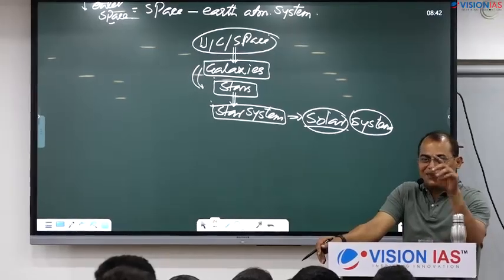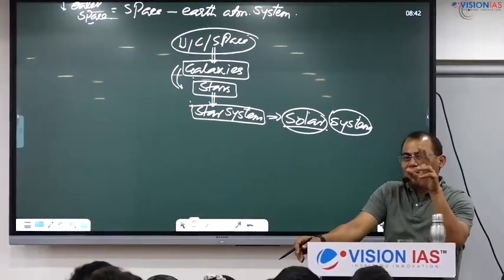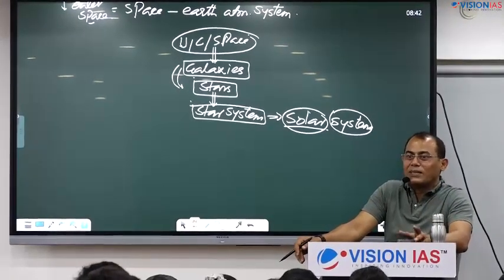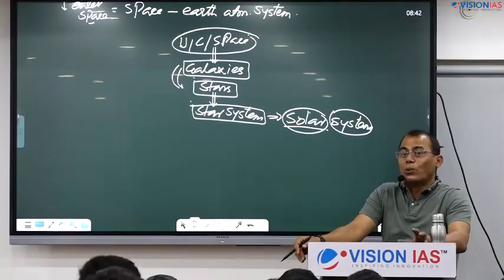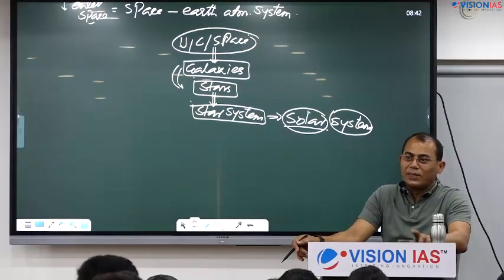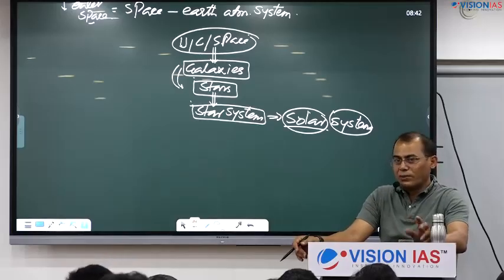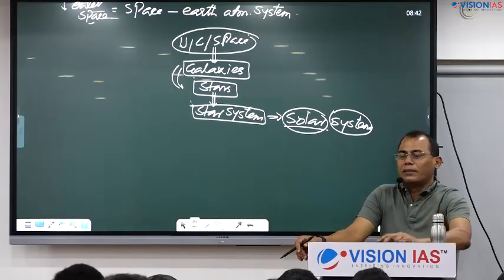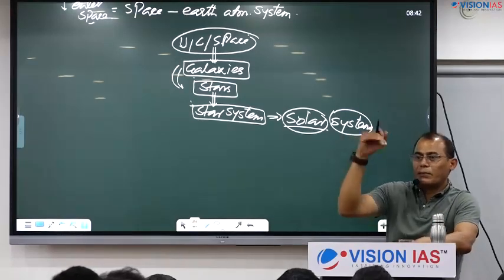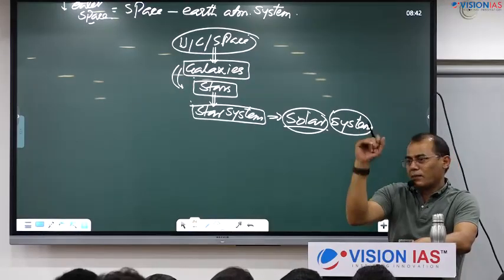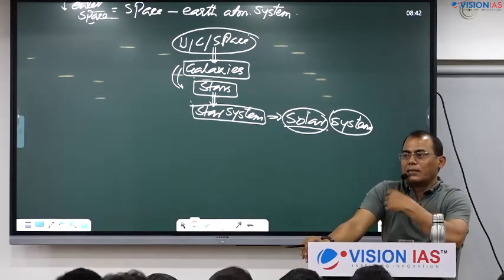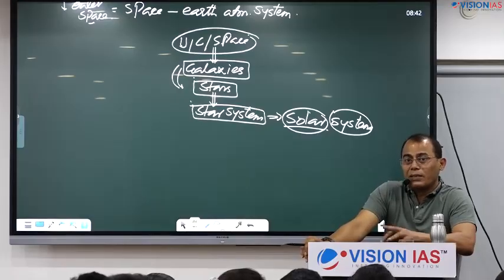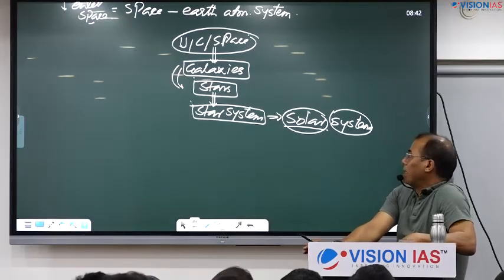UPSC has asked this once, and most of the students have made mistakes. Which is the nearest star from the solar system? Proxima Centauri and Alpha Centauri. Both come because of its elliptical path. Sometimes it is Proxima Centauri, sometimes it is Alpha Centauri, the star system which is closest. But from the Earth it is the sun.